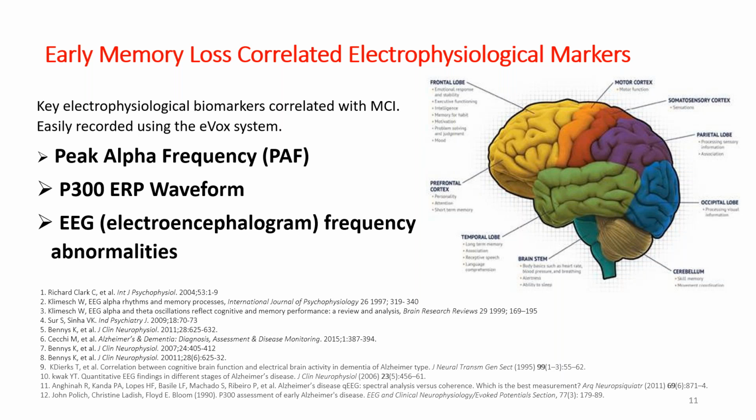And then there's the P300 evoked potential. There's P300A, there's P300B, and we're going to talk about those because they're measured at different places on the head, on the scalp, and they have different meanings. And then last, the EEG. The frequency of the EEG can be digitally analyzed to produce images.